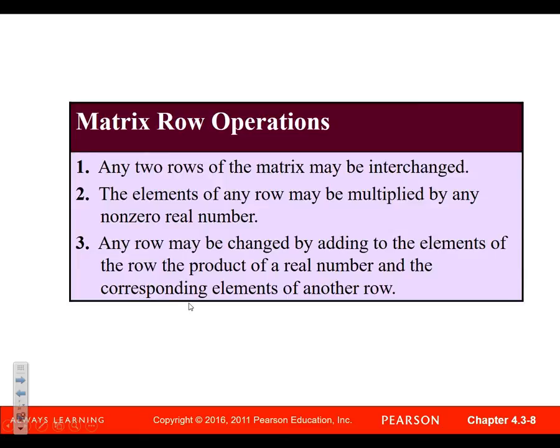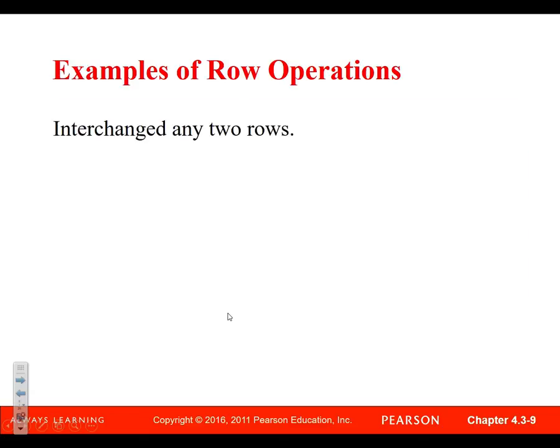Row operations. There's only three things you can really do with row operations. Now, if we have a 2x2, don't read that. That's going to confuse you. The only thing you can do with matrices is, one thing is do a row swap.